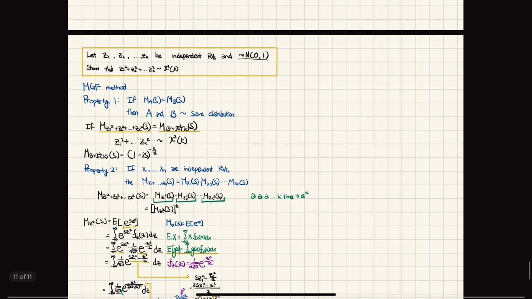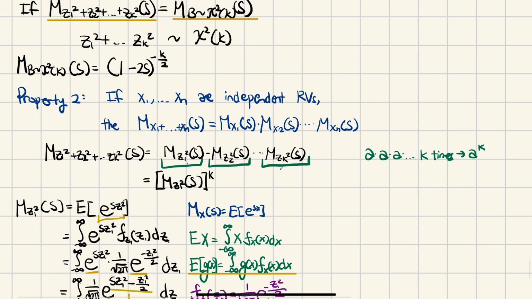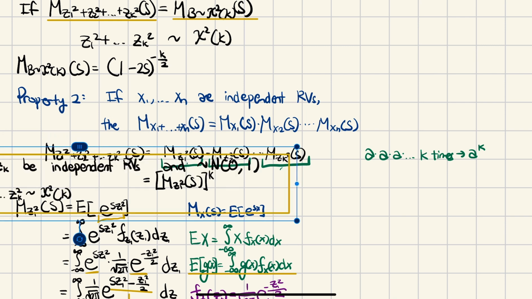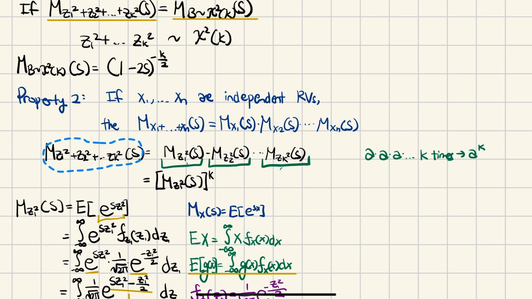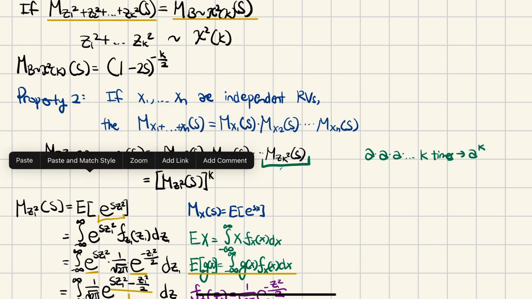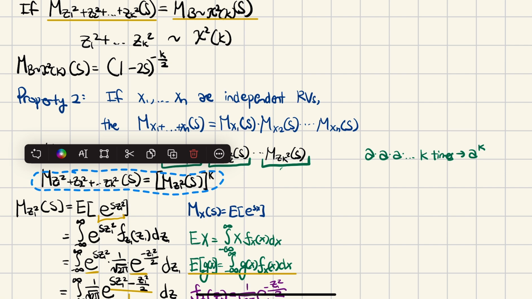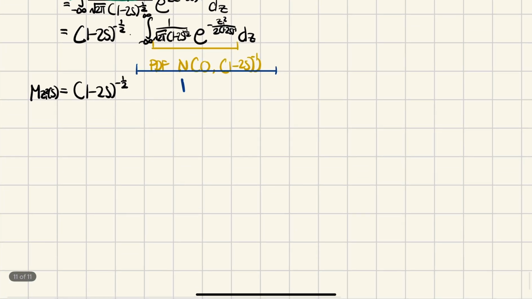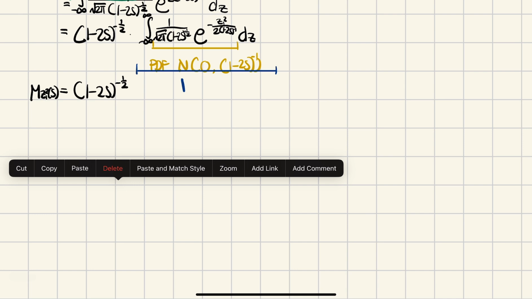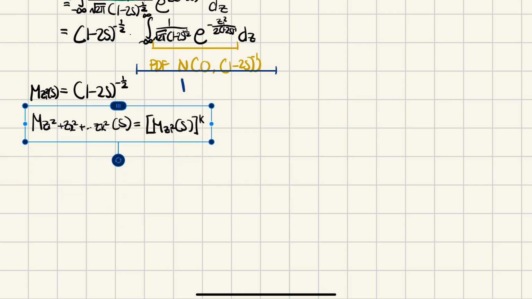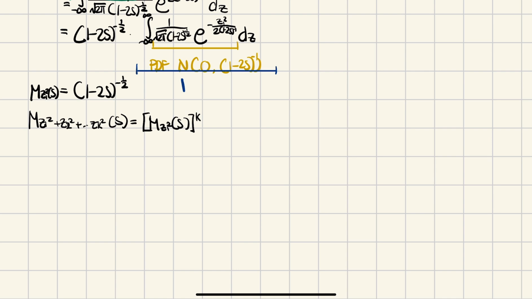But let's go back to earlier. I'm going to copy this thing. We've established that the moment generating function of z1 squared plus z2 squared all the way until zk squared is basically just the moment generating function of z1 squared to the power of k.